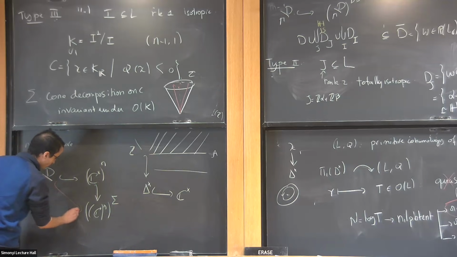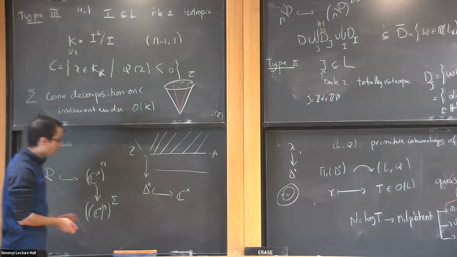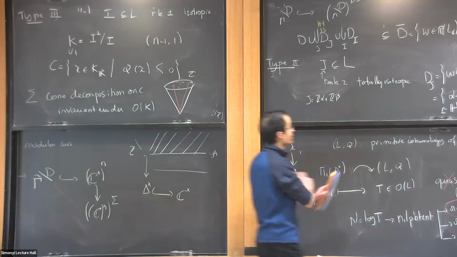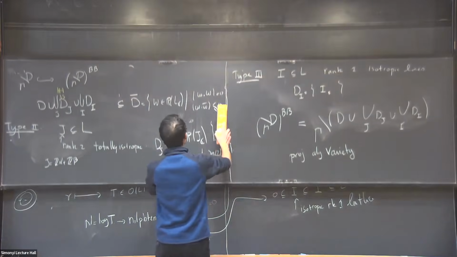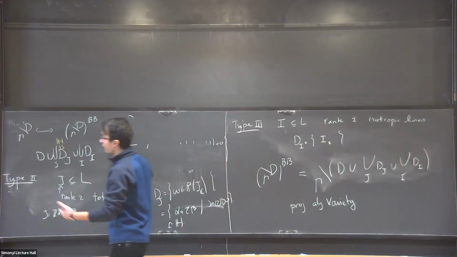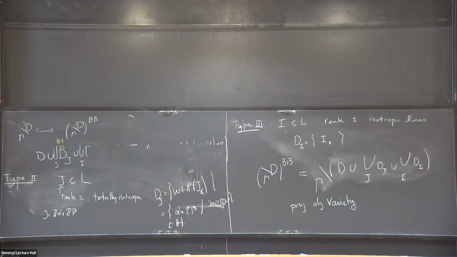So, if you've never seen this before, the point to take home is that for toric varieties, the boundary divisors are determined just by the rays of this cone decomposition.